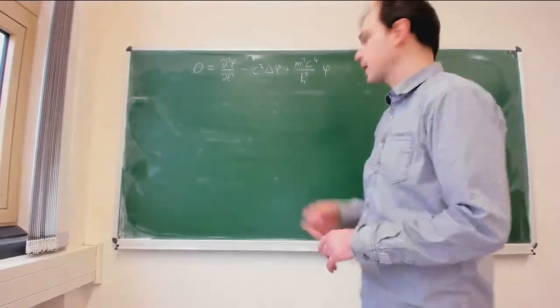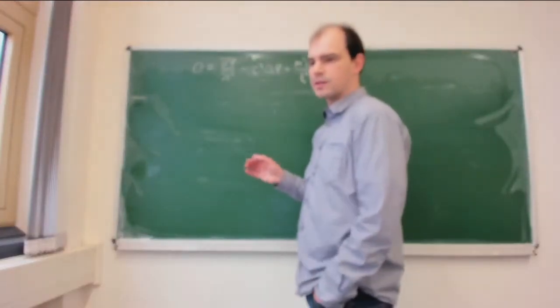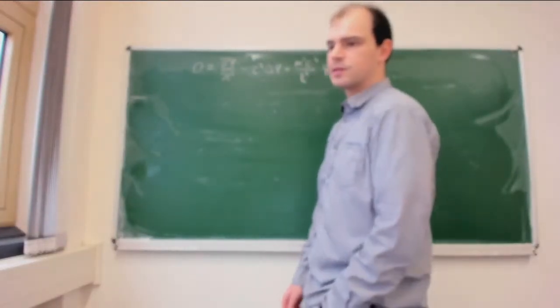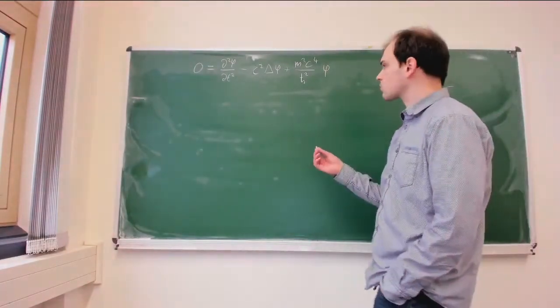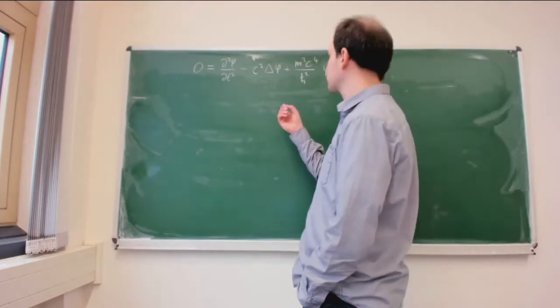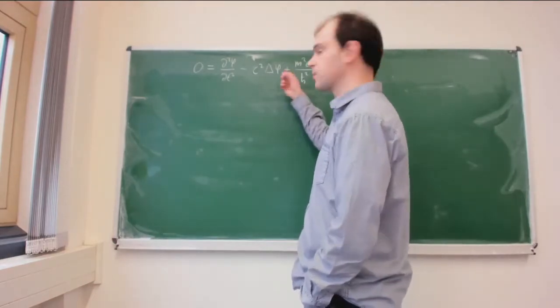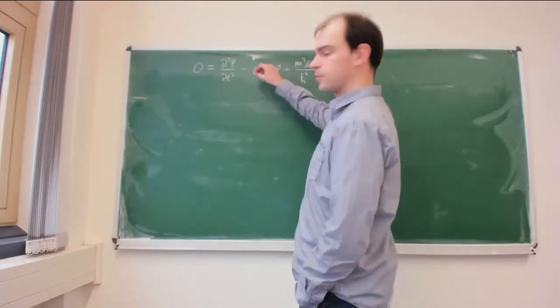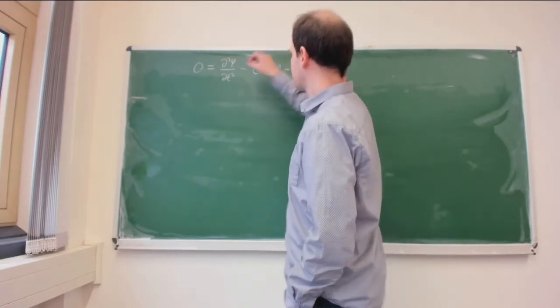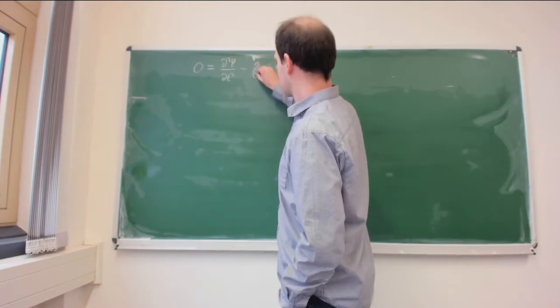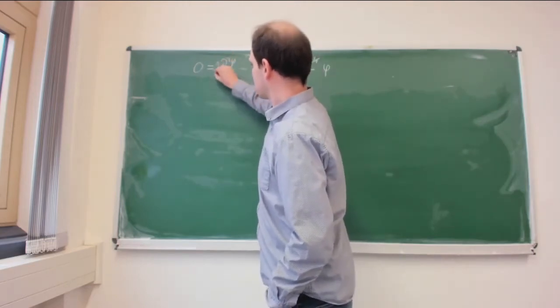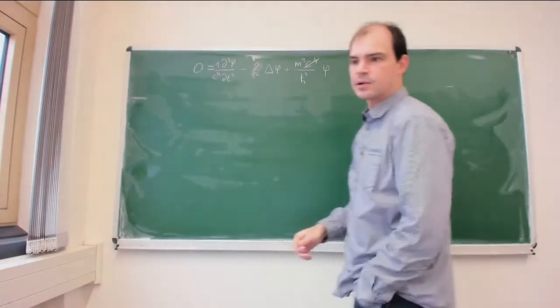So we can now look at this equation, of course, and try to take the limit where c goes to infinity. But if we do this with this equation, so we could just divide the whole equation by c to the fourth, then this gets 1 over c squared, and this is 1 over c to the fourth.